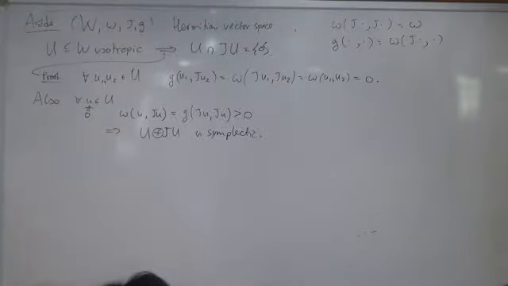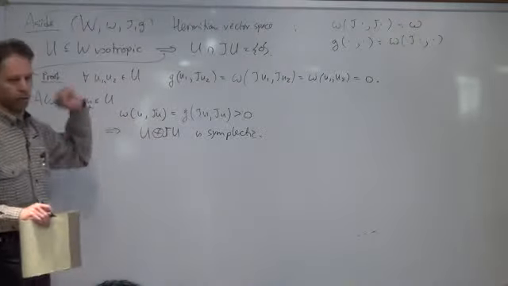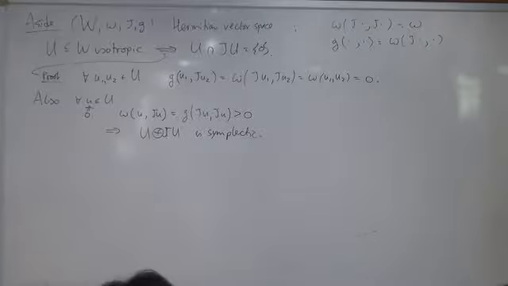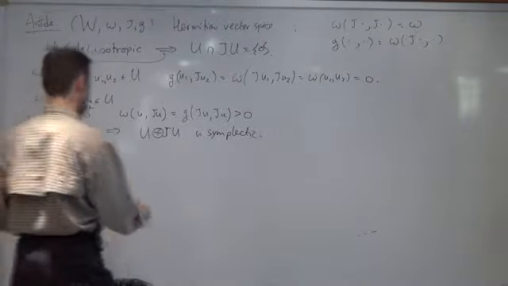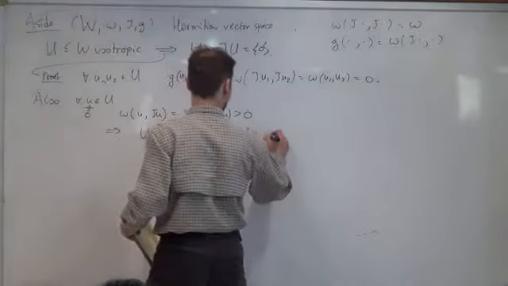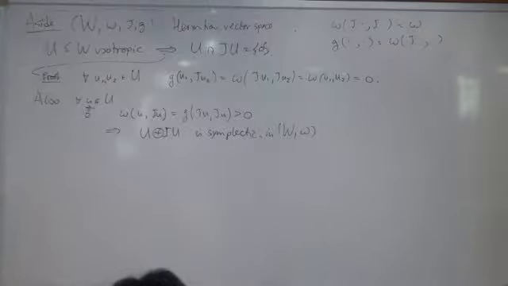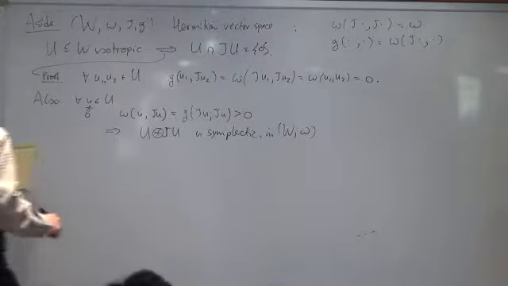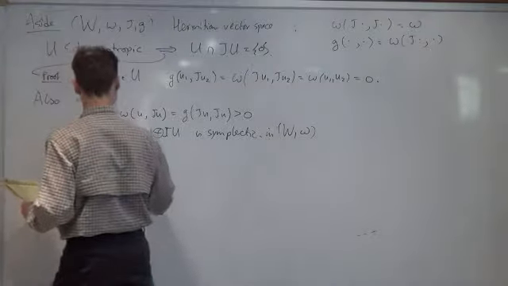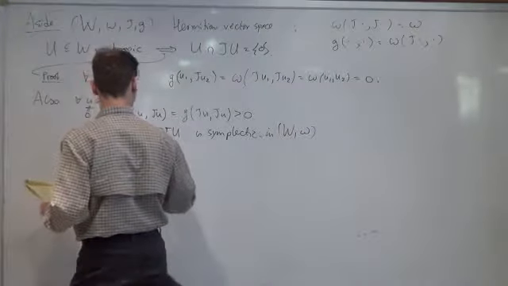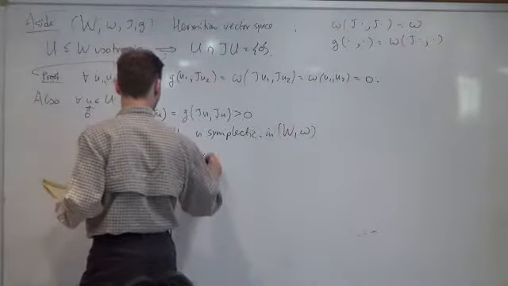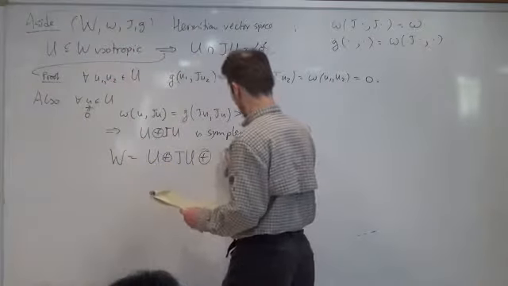For every vector here, I can find another vector here so that the pairing is non-zero. And I can split off a complement. So W is U plus JU plus another bit.